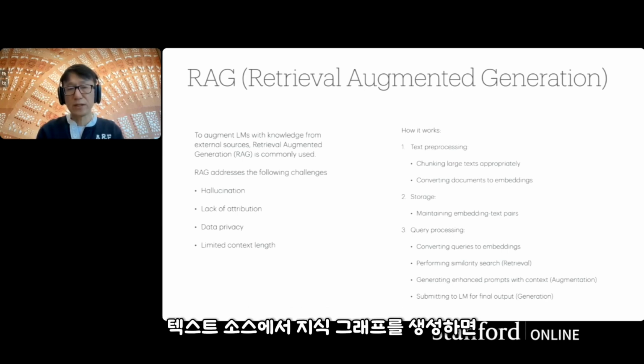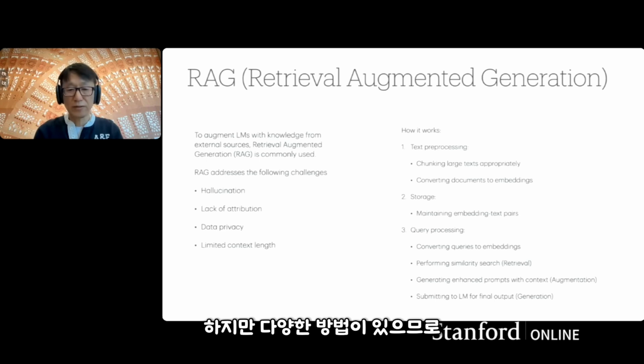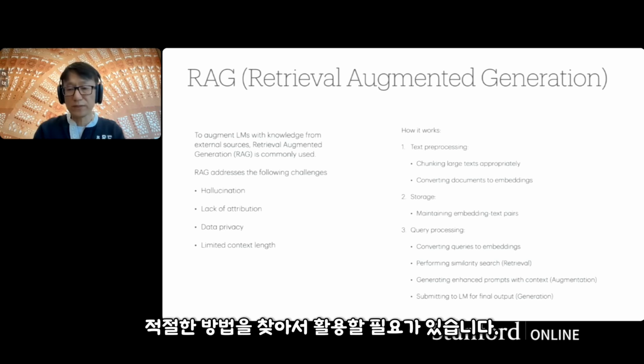If you could generate a knowledge graph from your text source, that could also help to extract more relevant information. Graph RAG is one example. However, there are many methods, and you may need to look into the right method and make use of it.